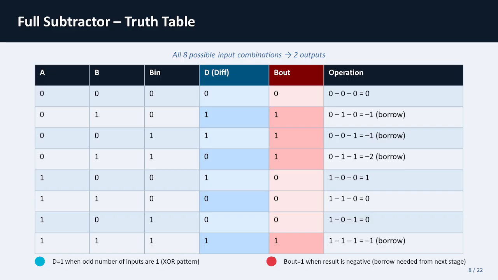So when you use borrow in, you are going to have borrow out, right? So that's how it looks. Next, for this condition also, your difference becomes 1 and you are going to borrow. Here you are going to get the answer as minus 2.